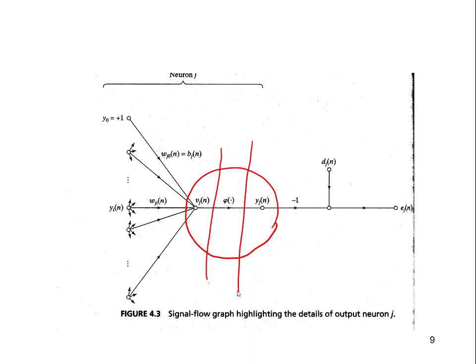From here we can say Vj equals the summation of Wji multiplied by Yi. Phi of Vj we consider as our activation function, and Yj is nothing but the output, phi of Vj. So these terms are considered here.